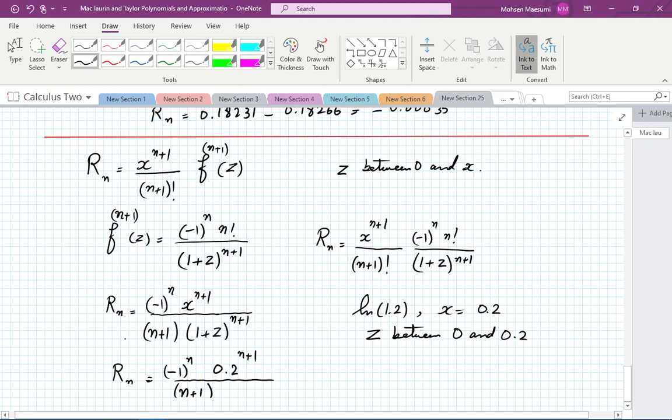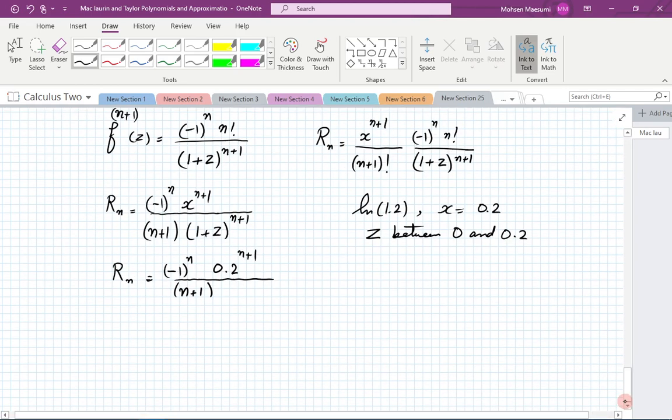I want my Rn to be less than 10 to the power of minus 5. So for that reason, to err on the conservative side, I say, okay, I'm going to use 1 here, and I'm going to hope that this whole thing, so I want Rn in absolute value to be less than 10 to the power of minus 5.